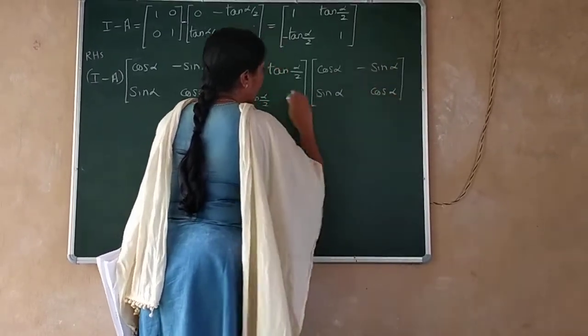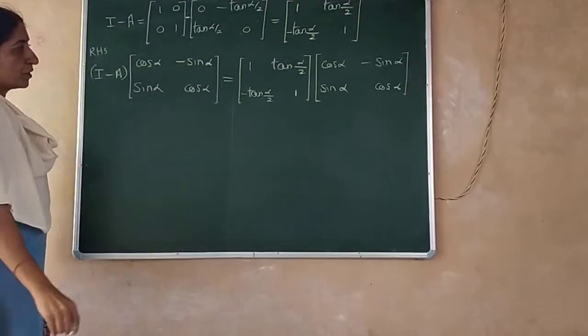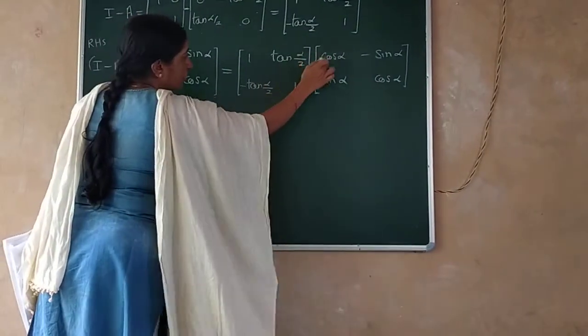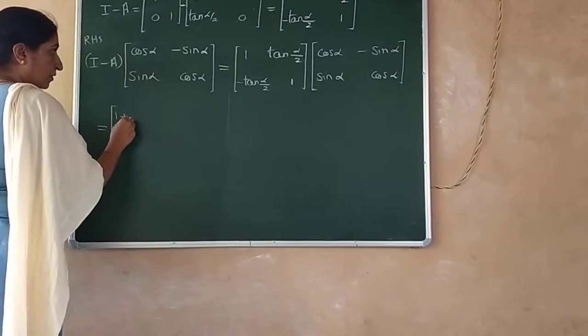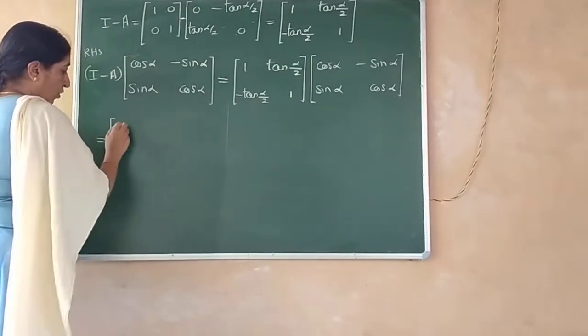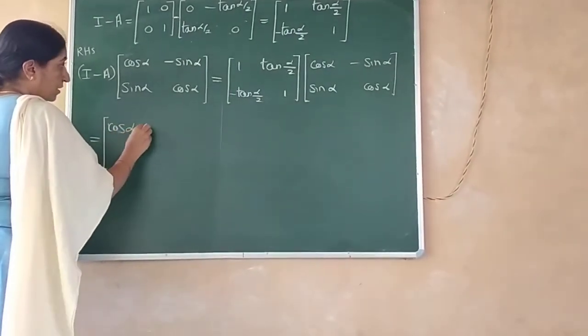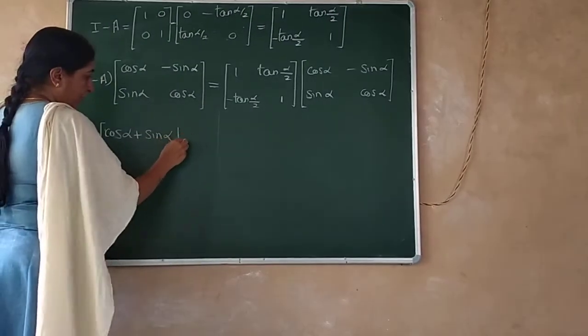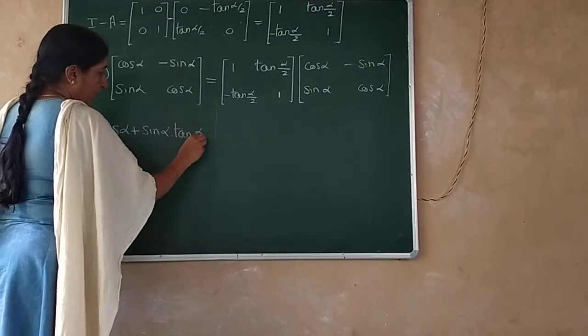Now we are multiplying these two. First row with first column: 1 into cos alpha is cos alpha, plus sin alpha into tan alpha by 2.